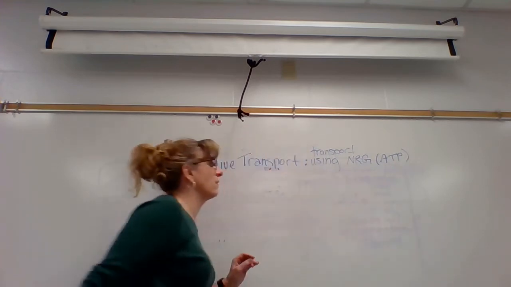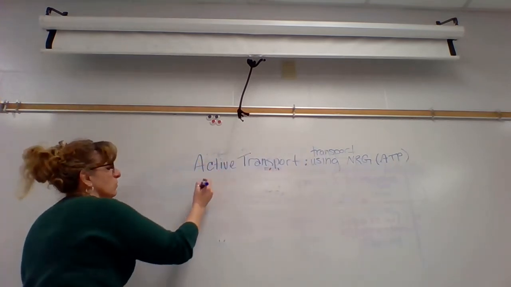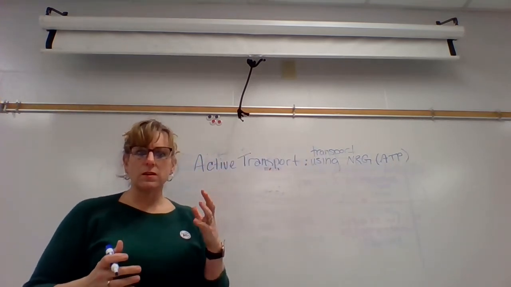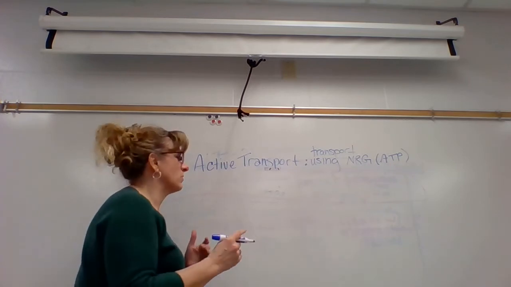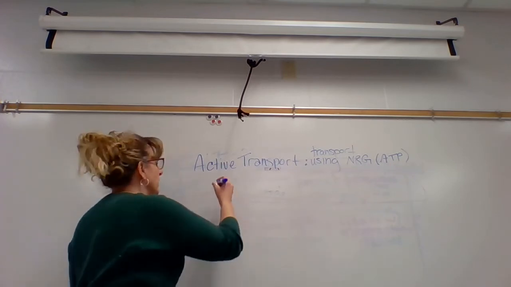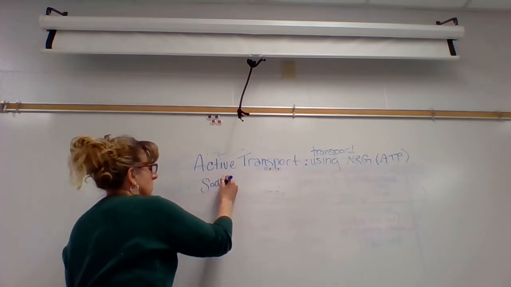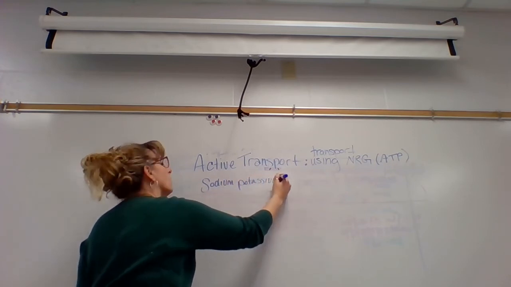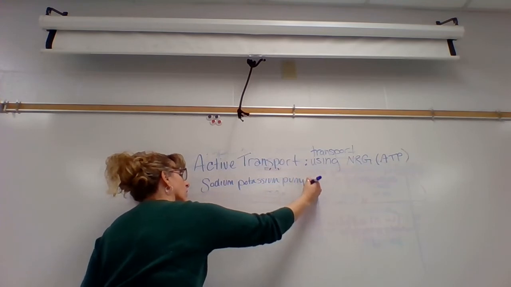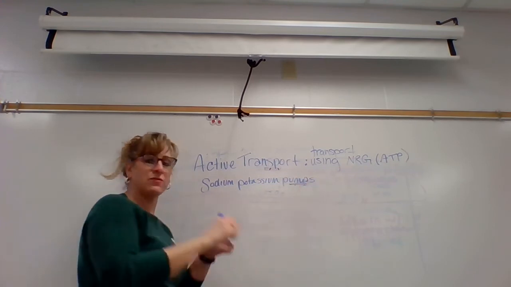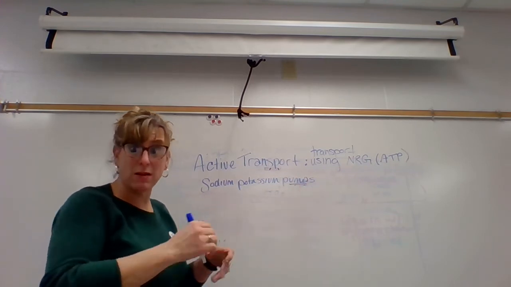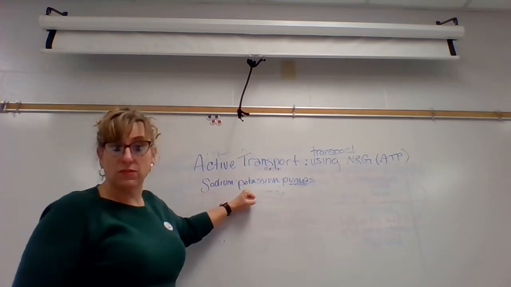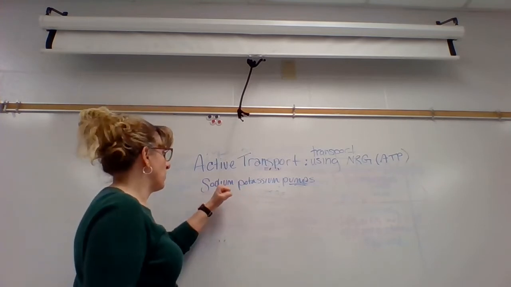Okay? Now, we've got lots of different mechanisms for active transport. But the one that I want you to remember and think about, right, is your sodium potassium pumps. Okay? Pumps are always active because when you pump something up, you're using energy. Always active. Okay? So remember that.